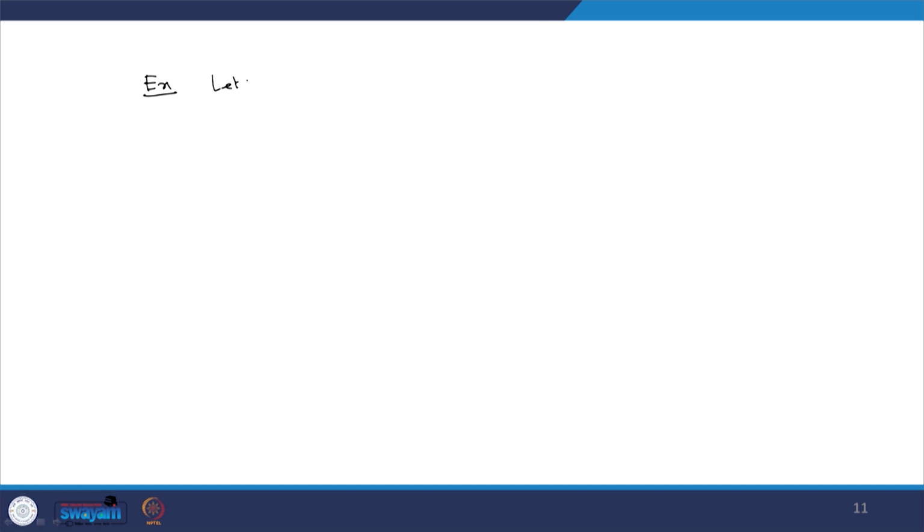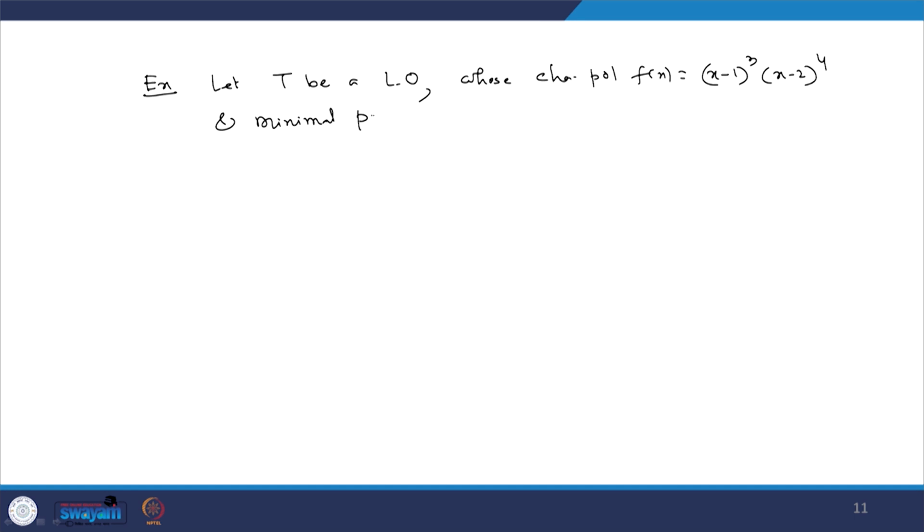Let T be a linear operator whose characteristic polynomial f(x) is equal to (x minus 1) to the power 3 times (x minus 2) to the power 4, and minimal polynomial p(x) equal to (x minus 1) to the power 3 and (x minus 2) to the power 2.